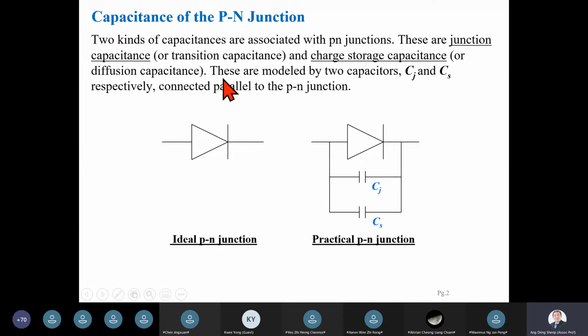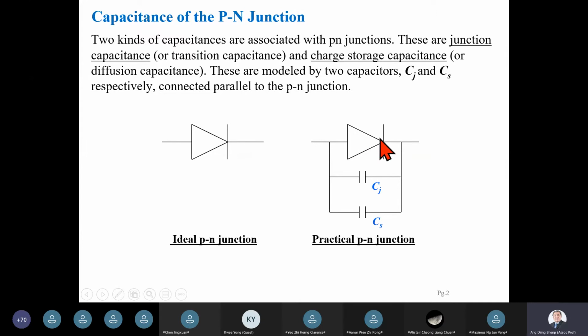Now, in a real, practical diode, the two capacitances play a very important role in the transient response of the diode. I will end the discussion with an example on how the capacitances can affect the transient response of the diode, in particular the turning off and turning on speed of the diode.